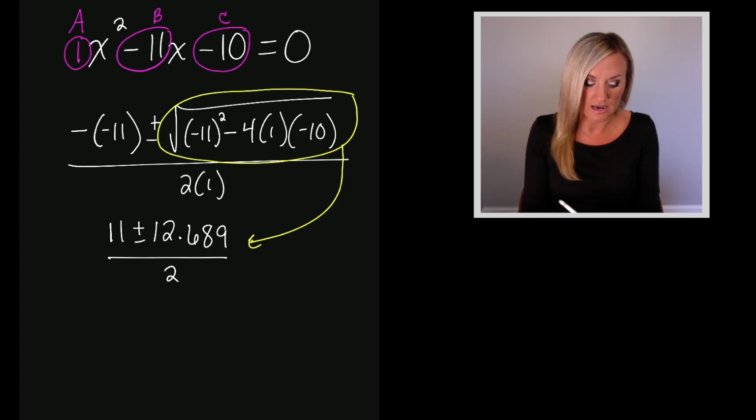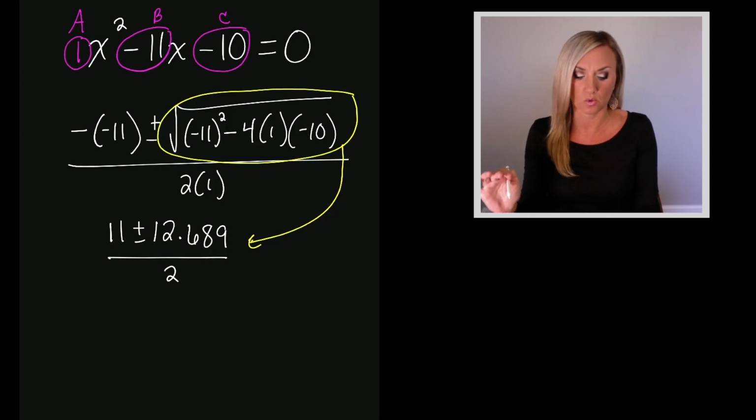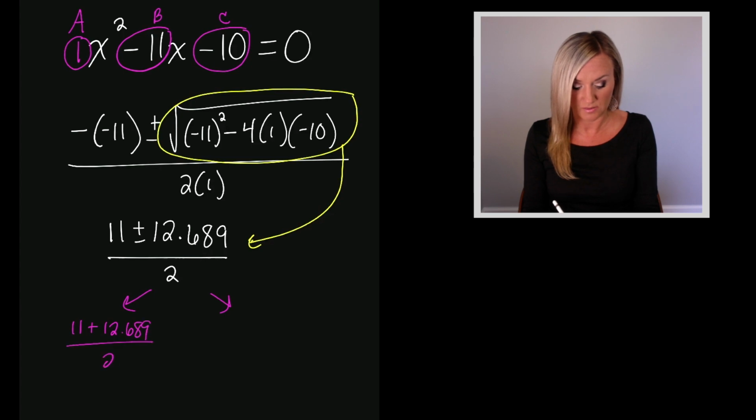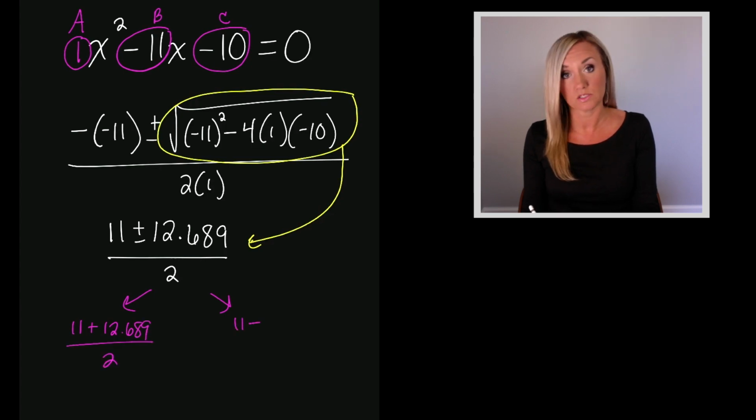All right, so now we're going to break that up into 2 separate equations. So 2 separate equations is going to be the 11 plus the 12.689 divided by 2, and then the 11 subtract the 12.689 divided by 2.